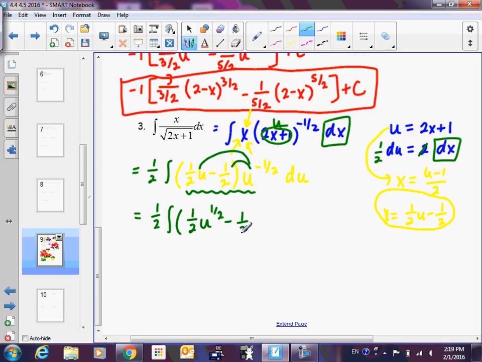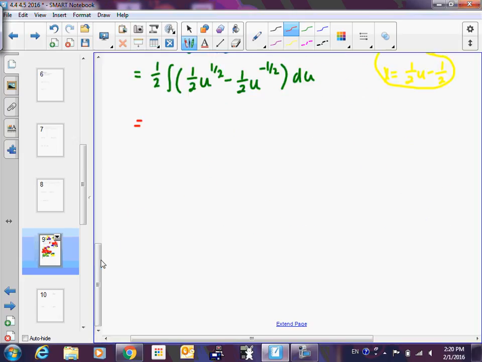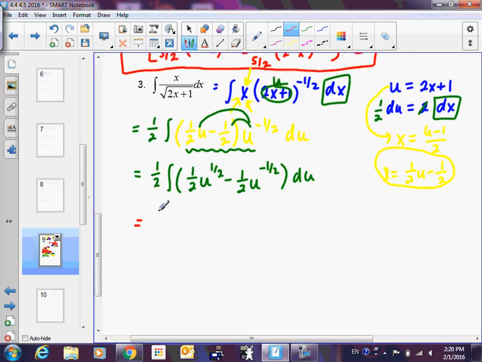And then this one's a little bit easier. Notice I'm still writing the integration symbol in the du because I haven't integrated yet. I've just been simplifying. Once you're ready to integrate, you need to not write the integration symbol and write the bracket.